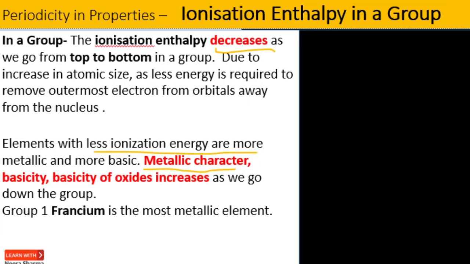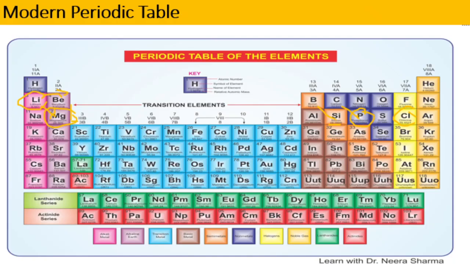Now if the ionization enthalpy is less, then what happens? Ionization enthalpy also gives the metallic character or basicity of an element or the basicity of an oxide. So if the ionization enthalpy is less, then the element is more basic. If we take the periodic table, elements placed on the left hand side are more metallic.